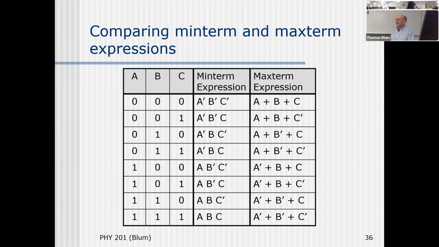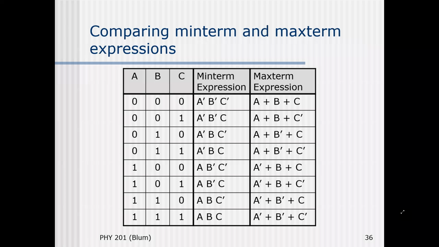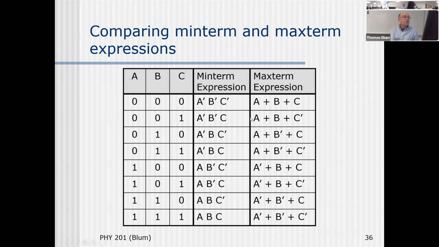When you're working with minterms, with ANDs, you want to make a 1 for the expression. So if you see a 0, you should prime it.